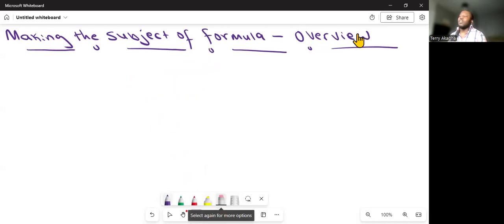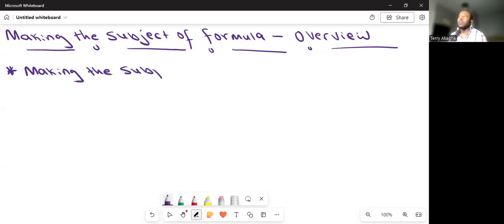So the first thing you need to keep in mind is that when you're talking about the subject of formula, it basically means that you have to rearrange the equation or formula so that we have a single variable equal to the rest of it, okay? So basically, when we say making the subject of formula, all right, or formula or equation, all right?